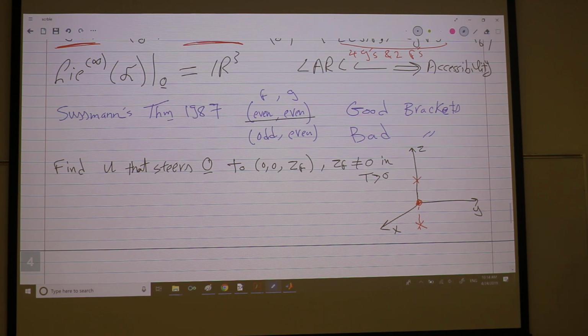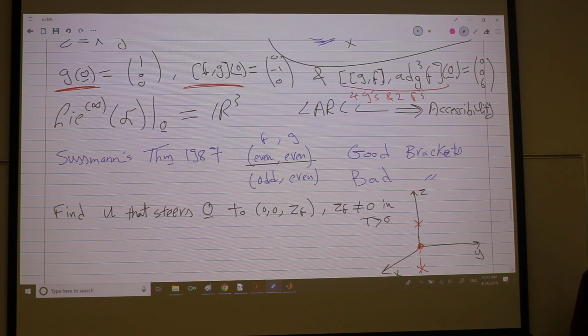Are you sure that we can actually do it? Of course, why? Because we're accessible. So the motion along the xy is guaranteed. Any xy is guaranteed, in particular the origin, of course. And the issue is about z, but we're accessible.